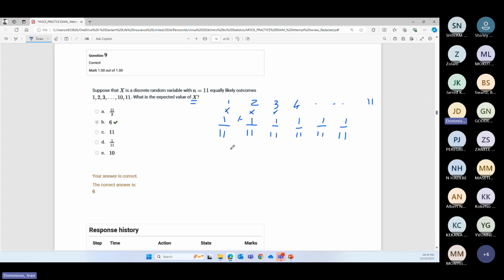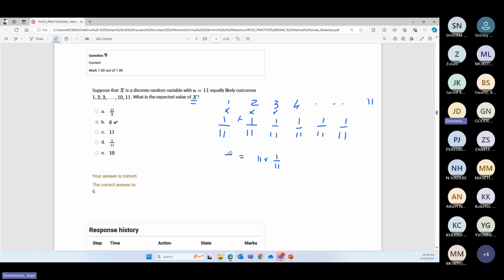Could we have used the formula for, and it's not, so if they told us it's binomial, then we would have used n times pi, which is then 11 times 1 over 11, so that would not have worked because then it would have been 1, so not binomial.